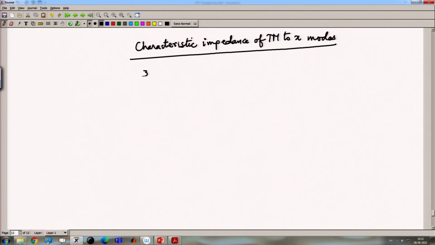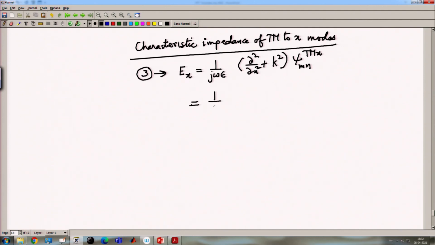we can use equation 3 to find out E x as 1 by j omega epsilon, del square del x square plus k square, psi m n T m x, and that is given by 1 by j omega epsilon, del square del x square plus k square.